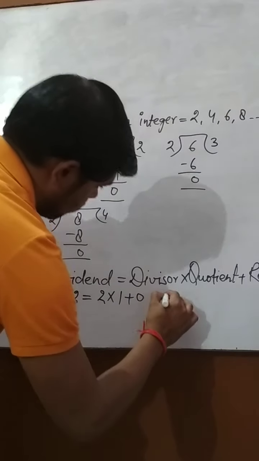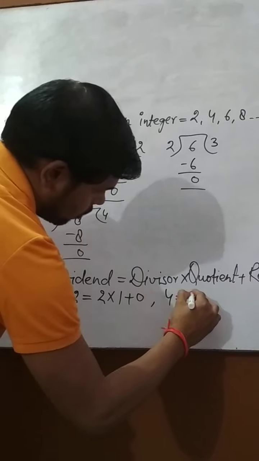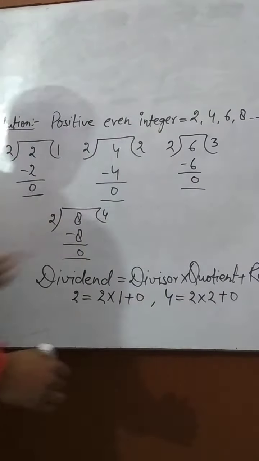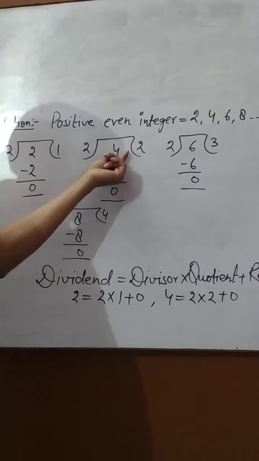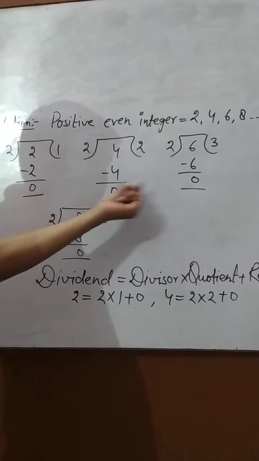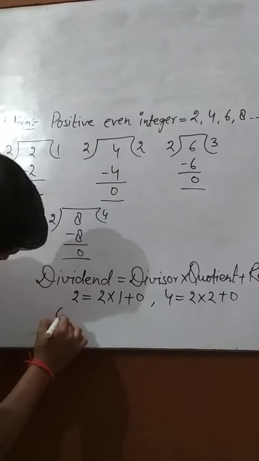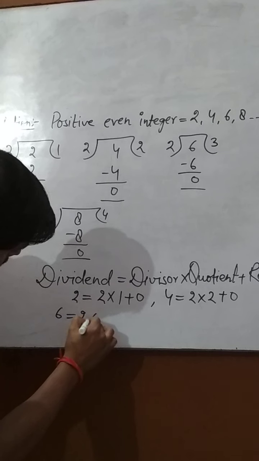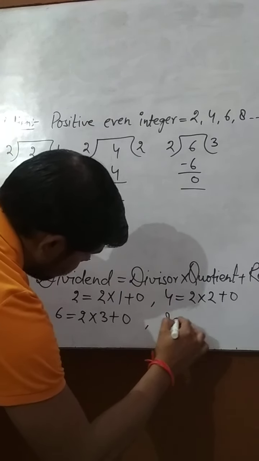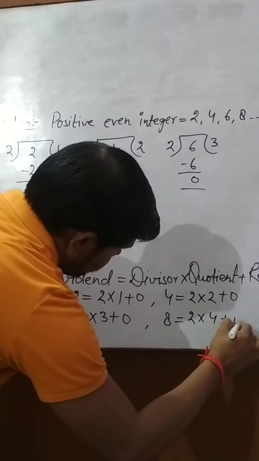Next is 4: 2 into 2 plus 0. 4 is the dividend, 2 is the divisor, 2 is the quotient and 0 is the remainder. Next is 8 equal to 2 into 4 plus 0.